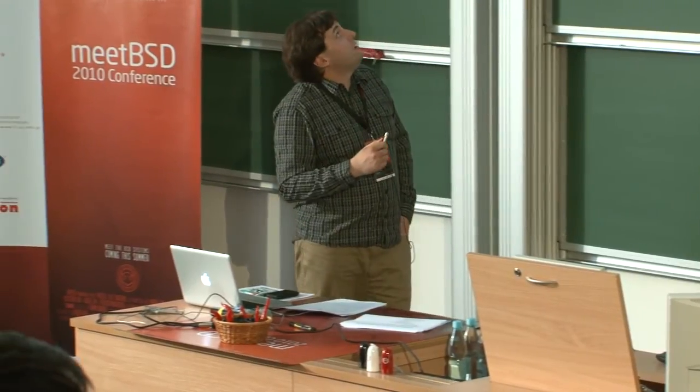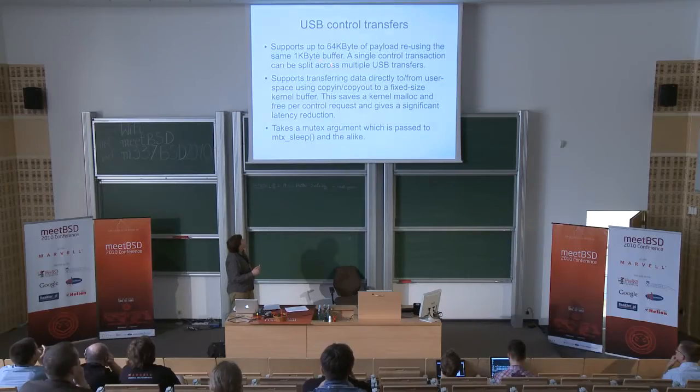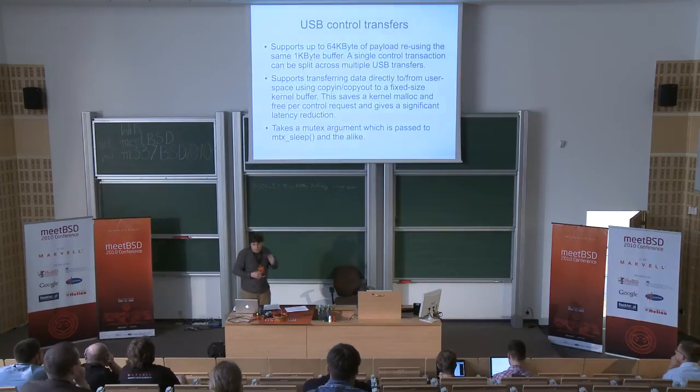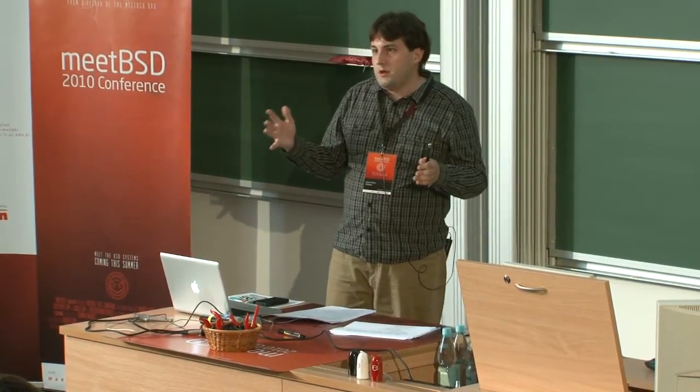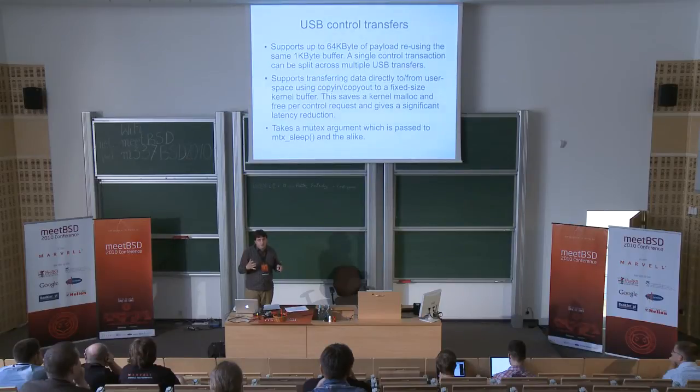Something new here is to split control transactions. It's very common that you need to allocate a memory buffer that contains the whole request first. And hence control transfers can transfer up to 64 kilobytes. You don't want to allocate that big buffer for every USB device.